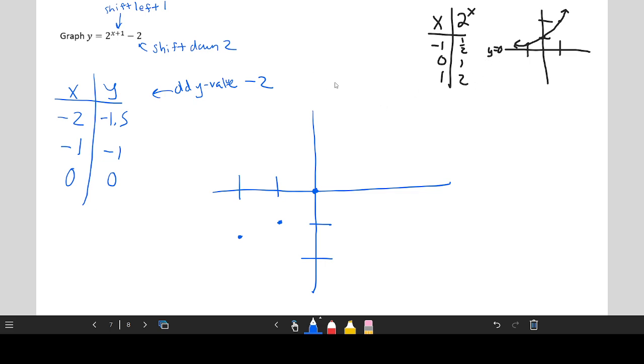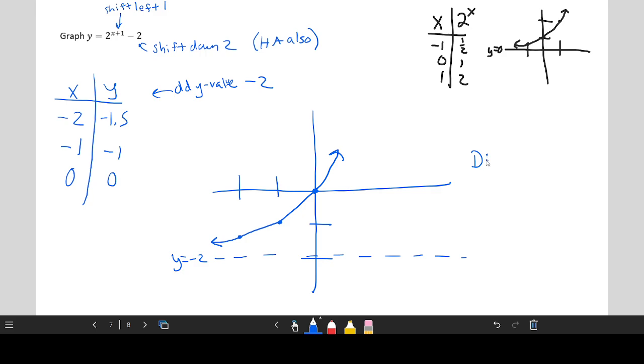So the horizontal asymptote also moves down too. So instead of it being the line y equals 0, it's going to be the line y equals -2. The shape stays the same because all of the points have just been moved left and down.